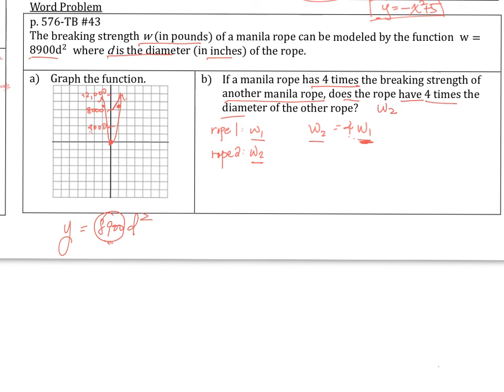So let's do some variable manipulation. Remember, W1 is the original one, so we can say W1 equals 8,900 d squared. So we can substitute this in for W1 here.